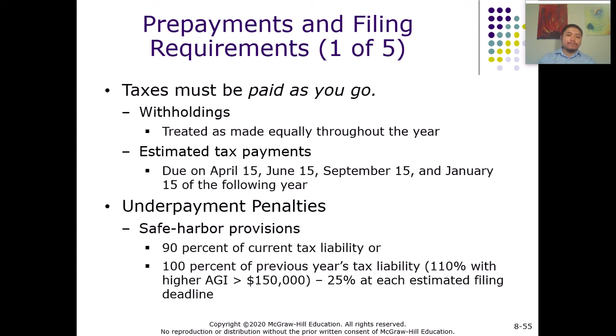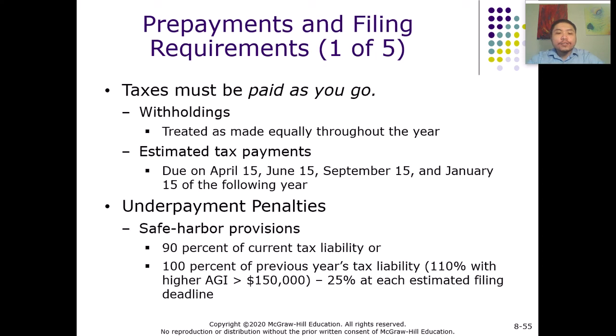So there are two options that taxpayers in those cases can follow to estimate their tax payments. Those programs are called safe harbor provisions.